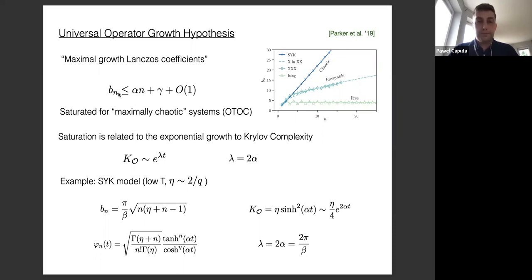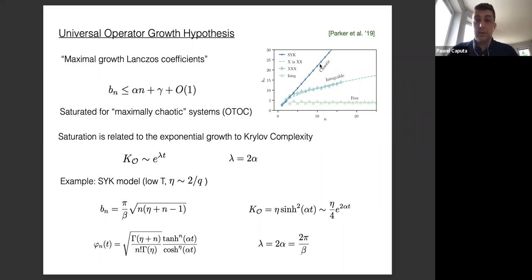So on this plot from their paper, you can see these Lanczos coefficients as functions of n. If the model is free, these Lanczos coefficients don't really grow with n, they are usually constant. When the model is in the class of integrable models, these Lanczos coefficients for large n grow, but rather slowly.